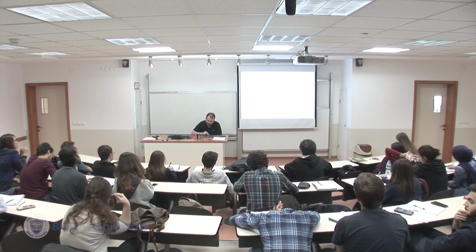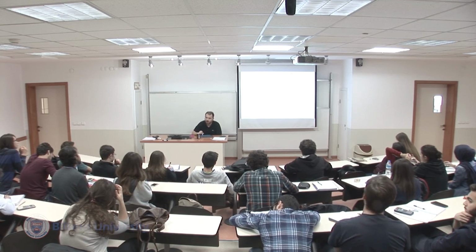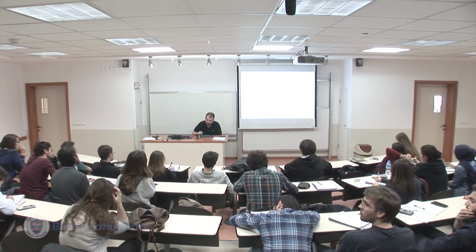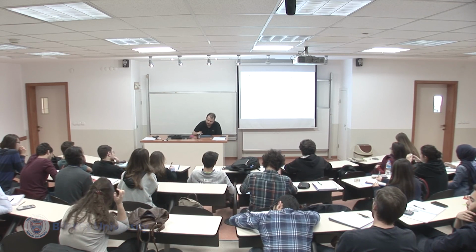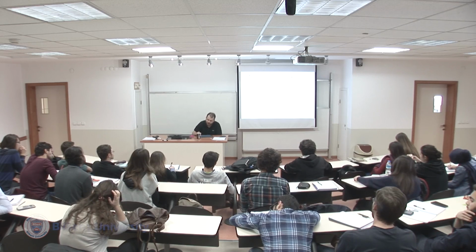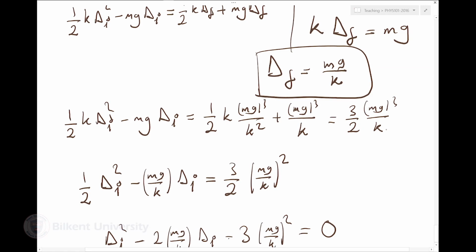I multiplied the equation by 2 overall. It's 3/2 mg squared over k, and that's okay. Then I divide everything by k, so mg over k squared. Right?